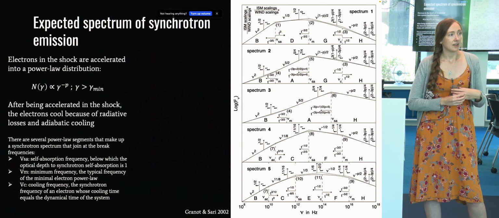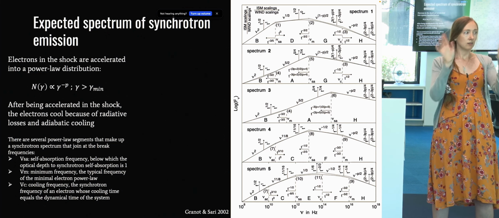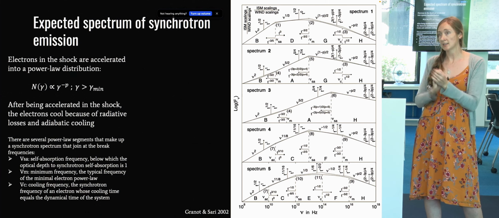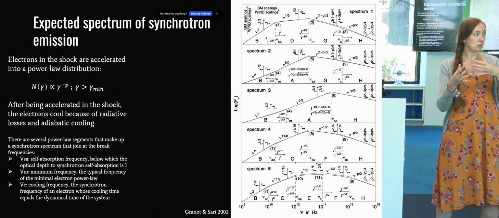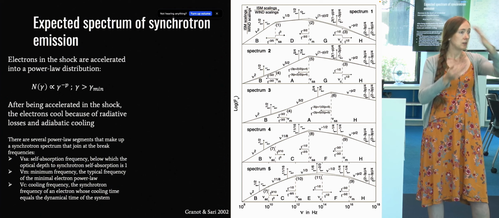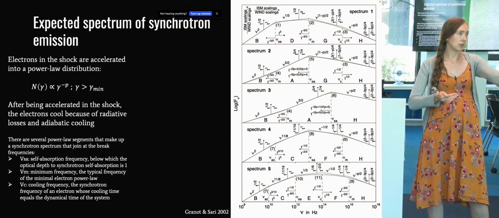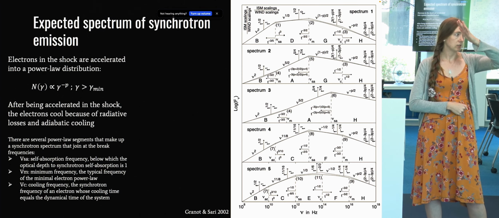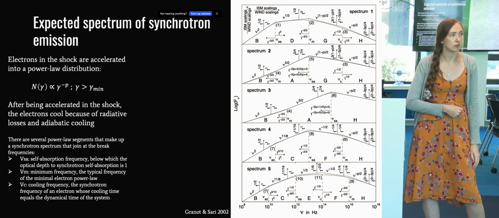higher. If you think of these emitting electrons, for every emission process, you also have an absorption process. So we have this thing called synchrotron self-absorption. So the source can actually become self-absorbed. So you get a drop-off in emission on the lower side of the frequency spectrum. So that's what causes that slope on the lower frequency side.